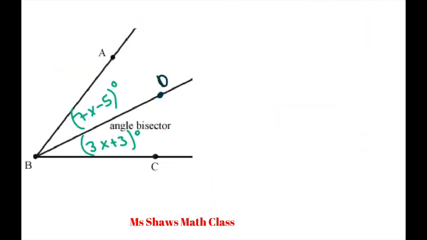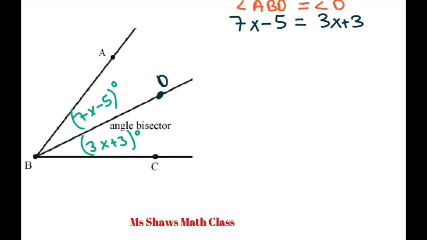Okay, so if you're getting this, try to do this on your own. I know that D is the angle bisector, so I'm going to set these equal to each other because they have to be equal. So that means angle ABD has to equal angle DBC.